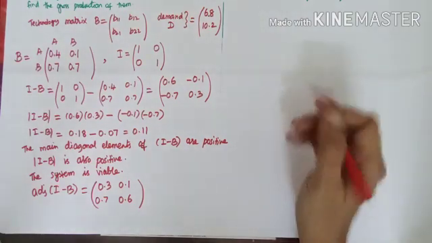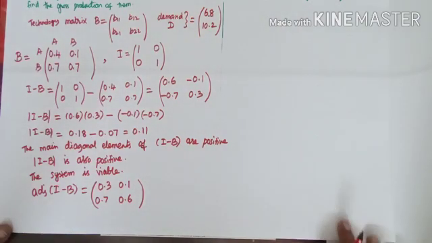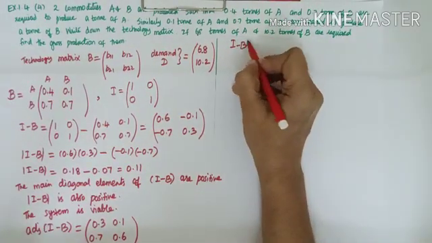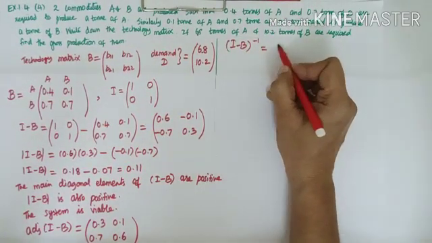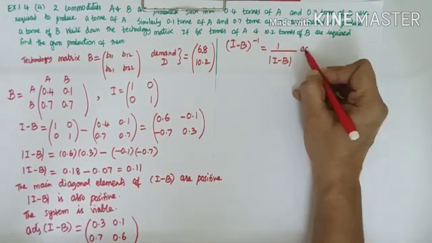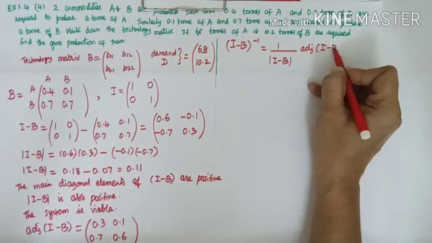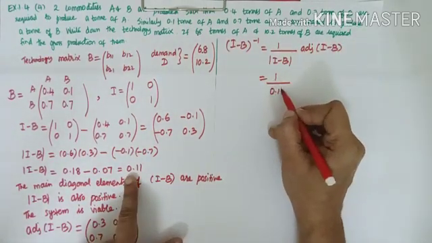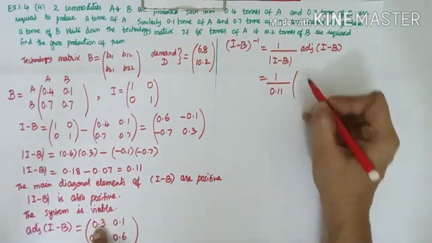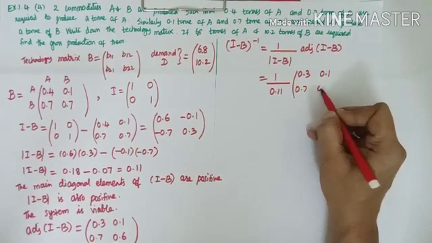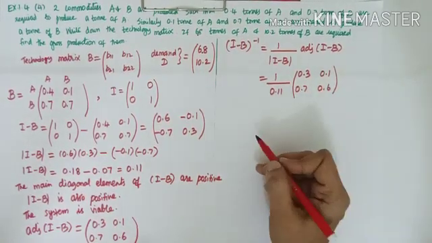The next step, find out I minus B the whole inverse. I minus B the whole inverse equals 1 by determinant of I minus B into adjoint of I minus B. 1 by determinant is 0.11, the adjoint is 0.3, 0.1, 0.7, 0.6.